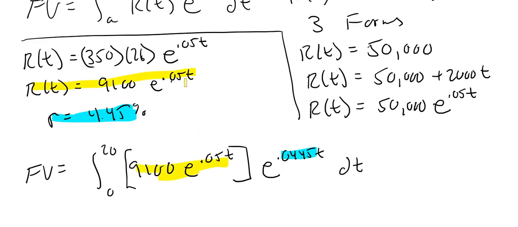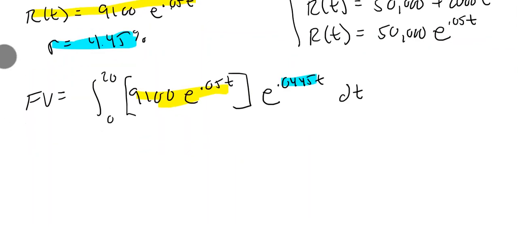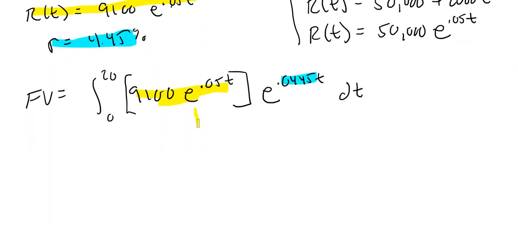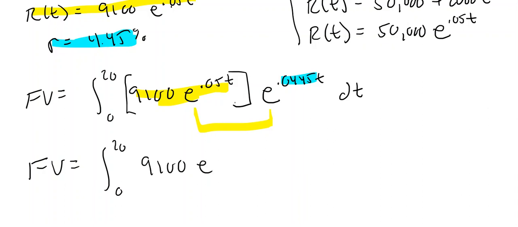Well, we can simplify that a little bit because we're multiplying these e's together. Same base, all we have to do is add the exponents, our exponent rule. So the integral of 9,100, and 5% and 4.45% is going to be 9.45% or 0.0945t dt.